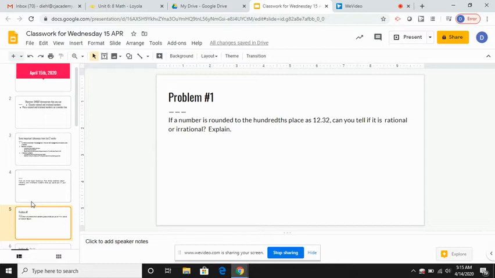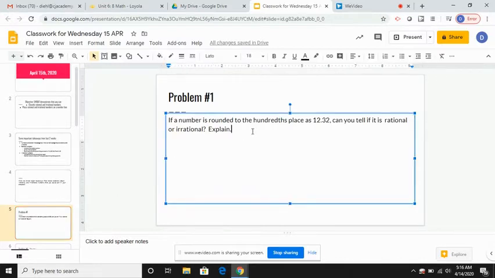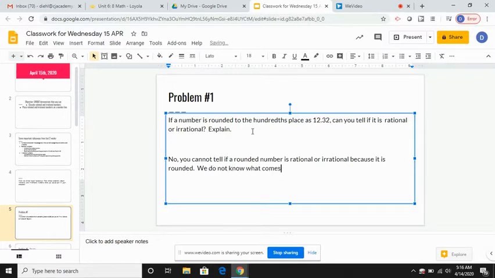If a number is rounded to the hundredths place, so if I'm telling you that this number is rounded, can you tell if it is rational or irrational? For this, no, you cannot tell if a rounded number is rational or irrational because it is rounded. We do not know what comes after the hundredths place at this point.